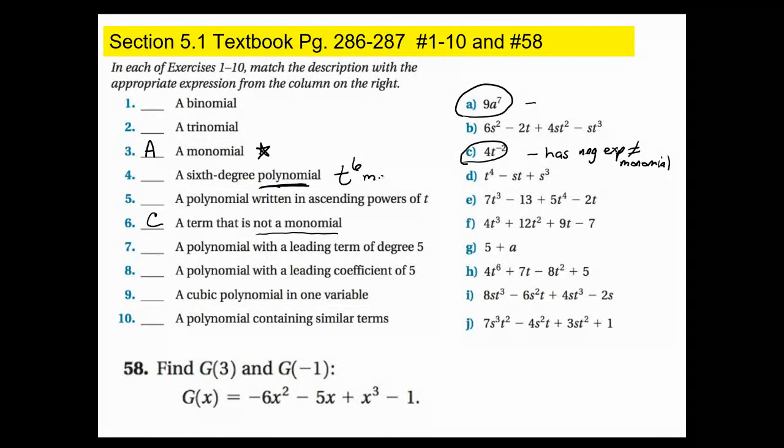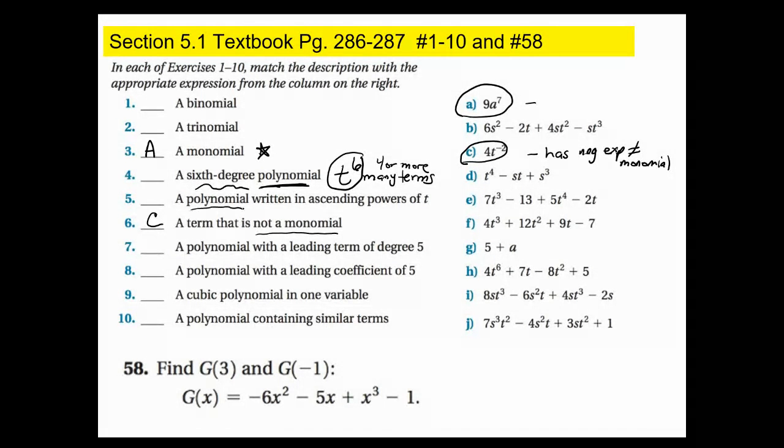Polynomial means many terms, so it has to have 4 or more terms, right? So 6th degree means something to the 6th.